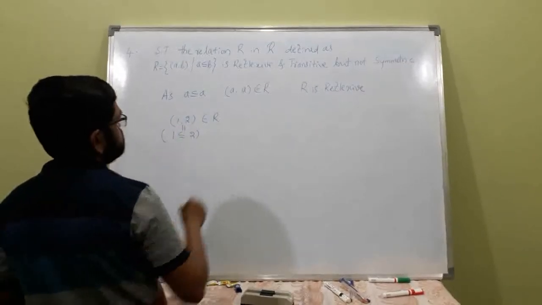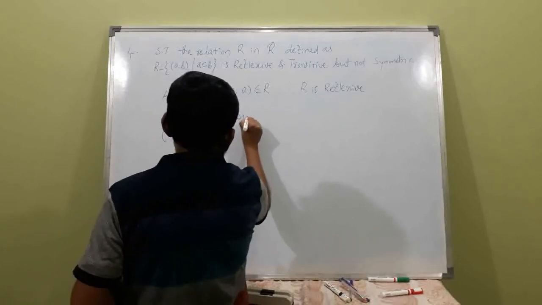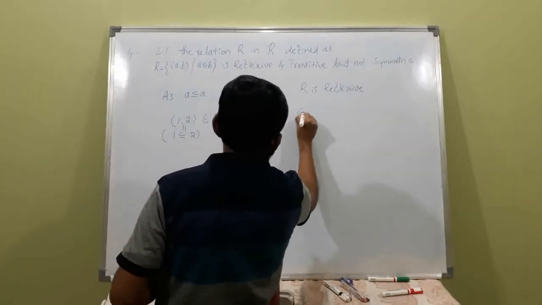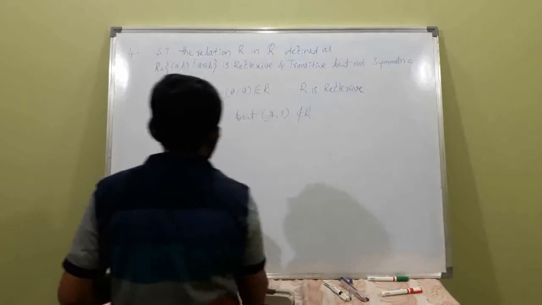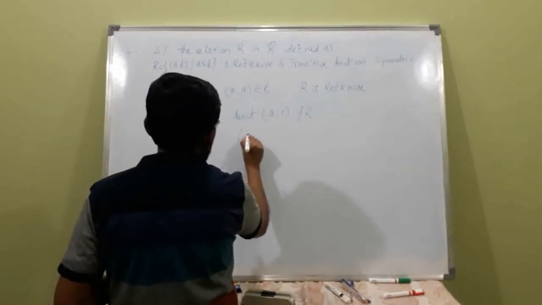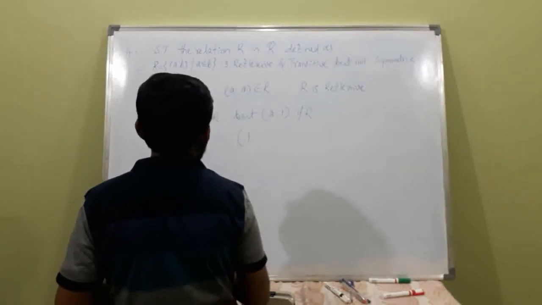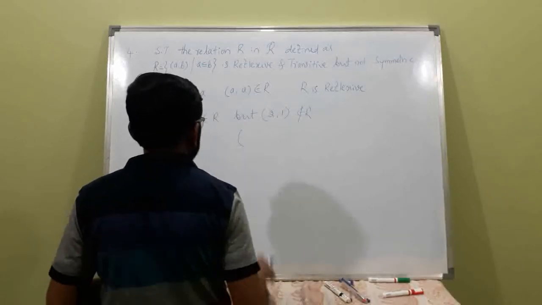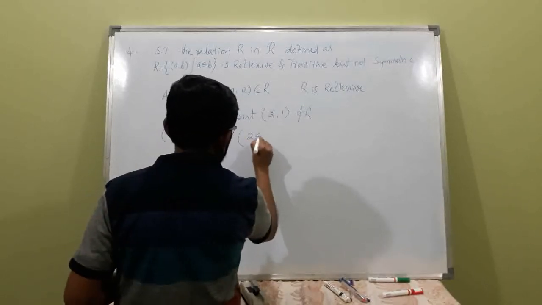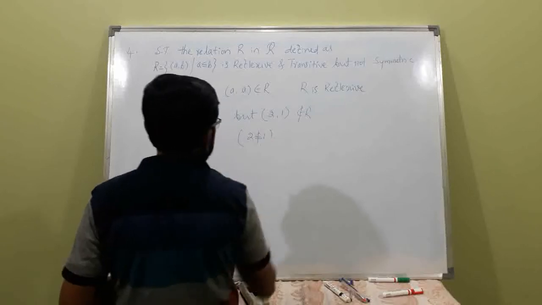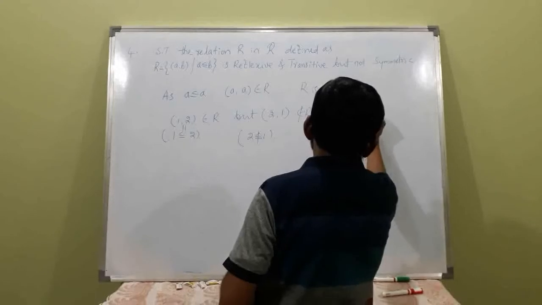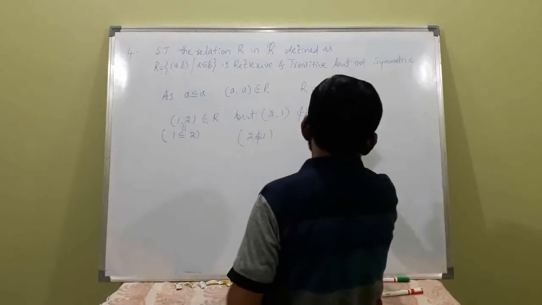But (2, 1) does not belong to R because 2 is not less than or equal to 1. Therefore, R is not symmetric.